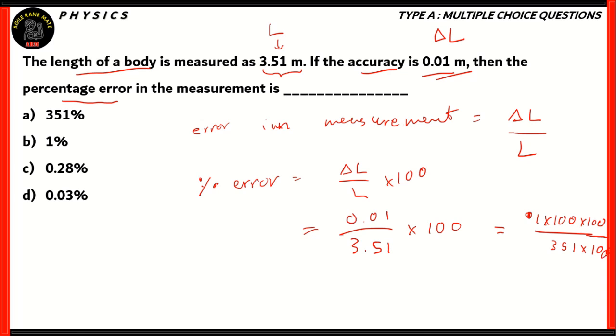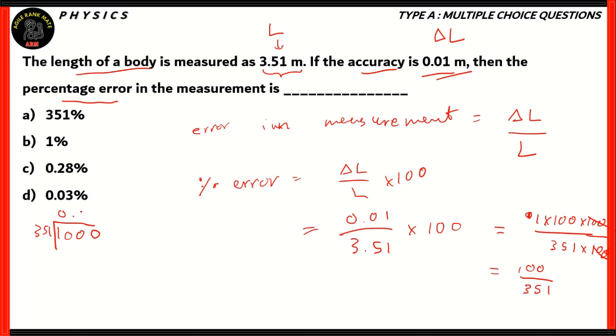So basically, we're going to be dividing 100 with 351. So when we do that division here, 351 doesn't go into 100, so we have to write 0 and point. So after point, you can add a 0 to the dividend.